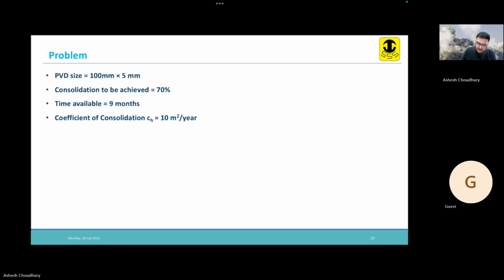So first we have to find the equivalent diameter of the PVD. The PVD has a width and a thickness, so what is the perimeter? 2 times (W plus T).